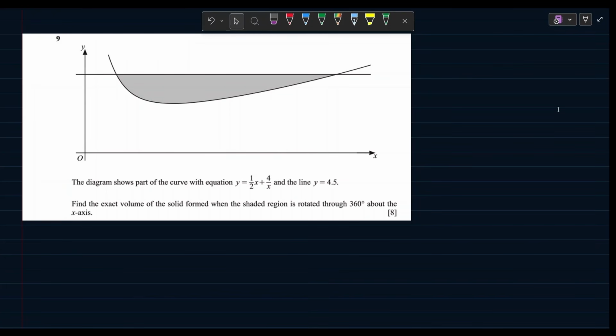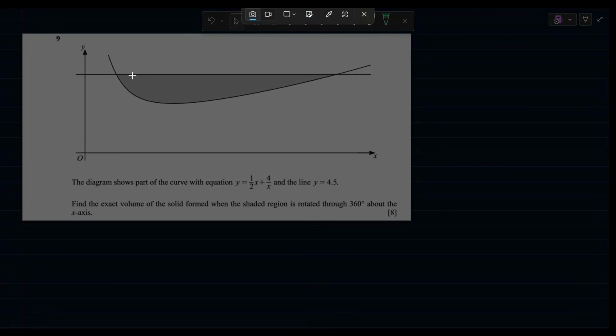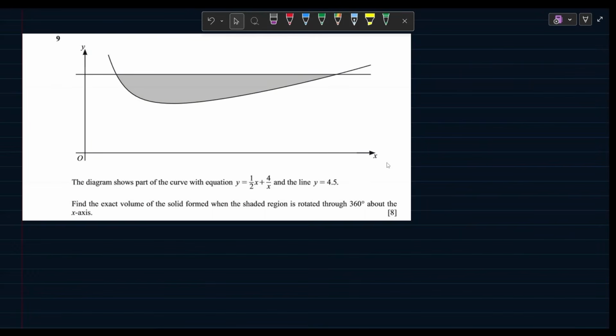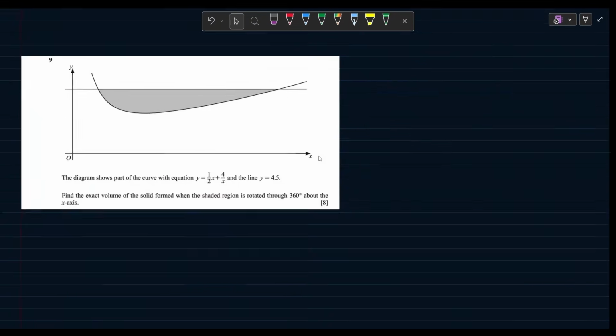Okay, so let me copy this diagram because I want us to visualize this so-called volume of revolution.